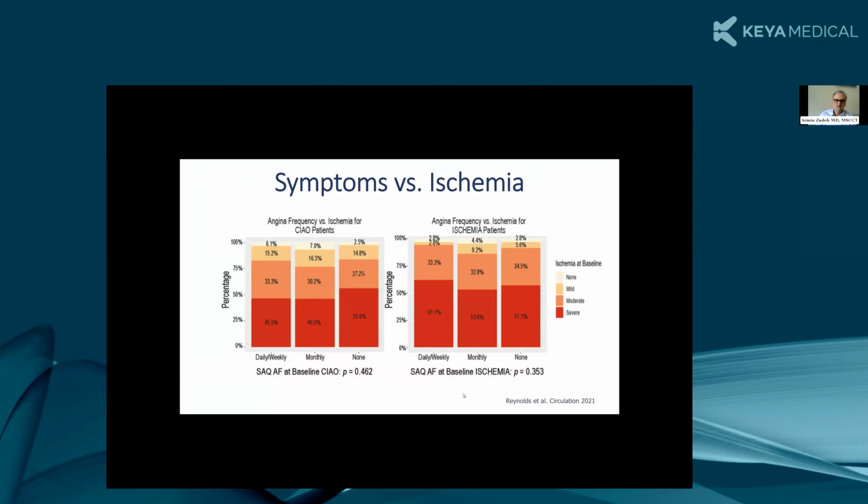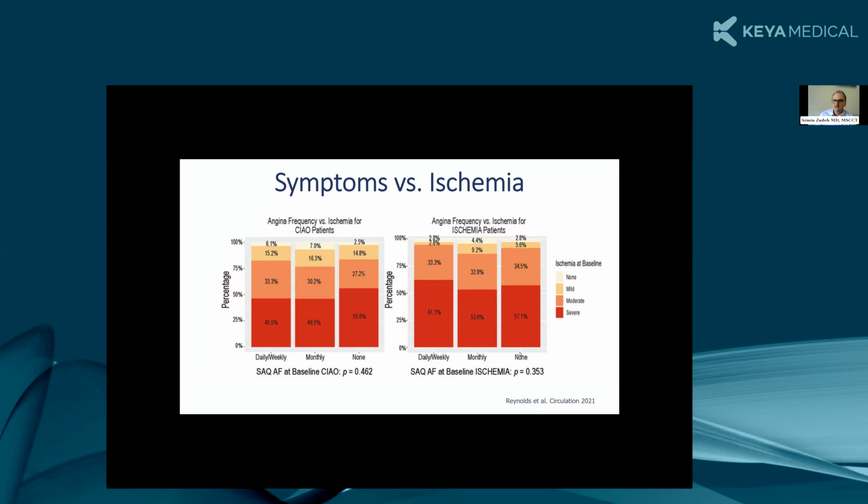Now, in the last minute, I just want to make sure we're talking about symptom control, and I want to highlight two things. Ischemia is a poor predictor of the severity of angina. It's again shown in the ISCHEMIA trial, a little busy slide, but essentially severe ischemia here is in red, moderate in orange, and mild here in yellow.